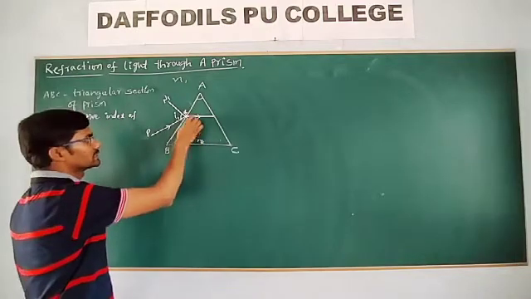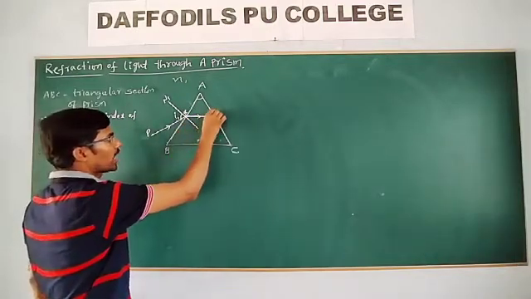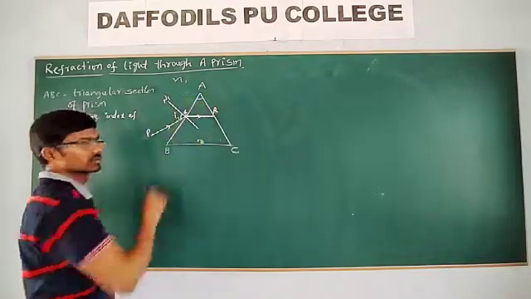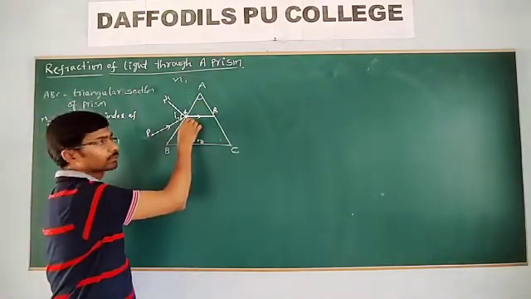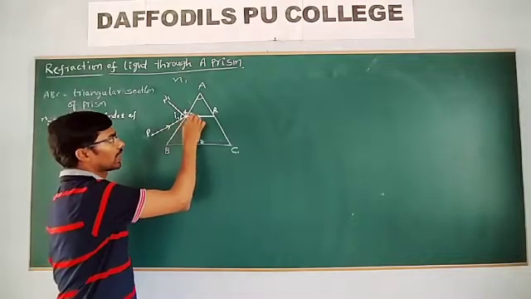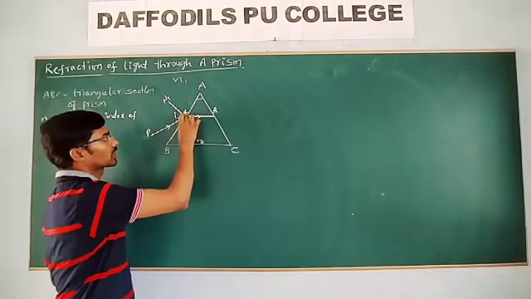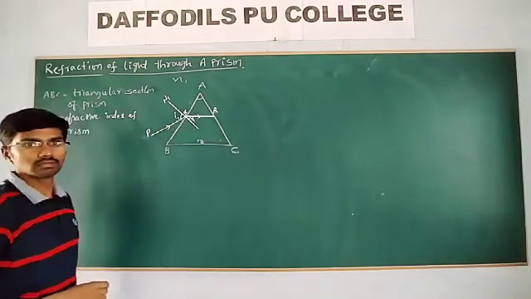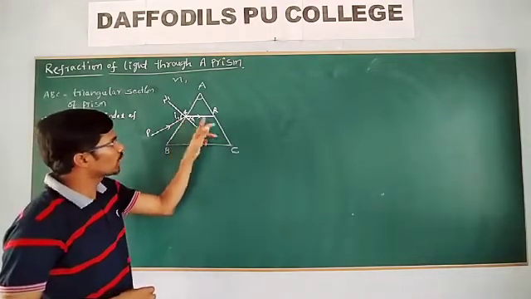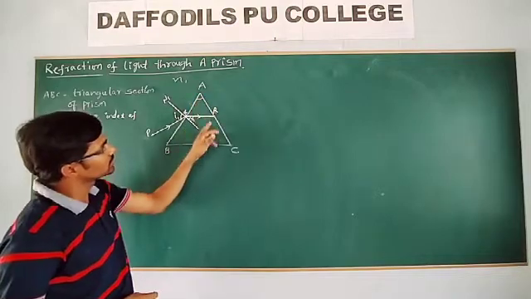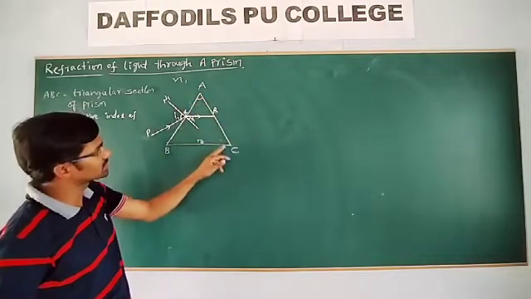Now QR is the refracted ray. The angle between the normal and the refracted ray is called the angle of refraction, R1. This QR is incident again on the second refracting phase AC.